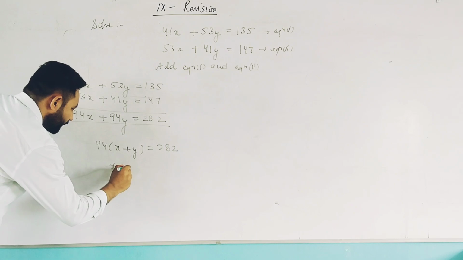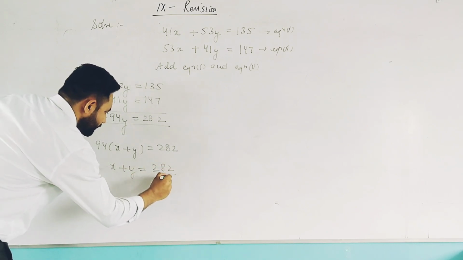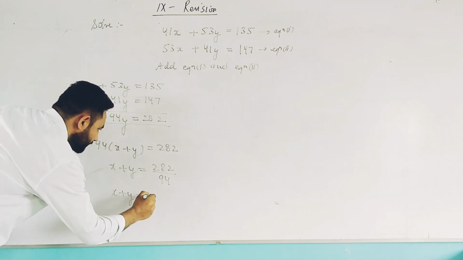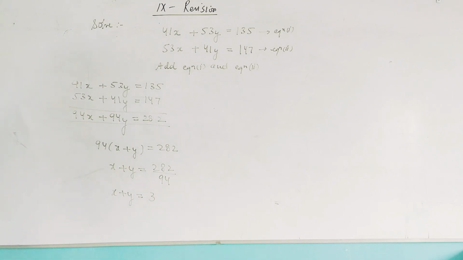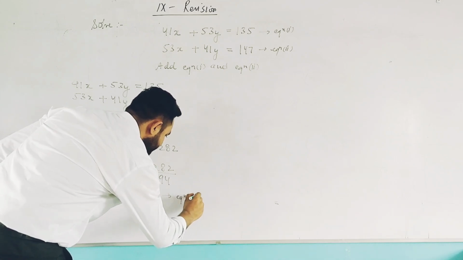This 94 will go to the right hand side in the denominator, and we will divide 282 by 94, which becomes 3. So your third equation is x plus y equals to 3.